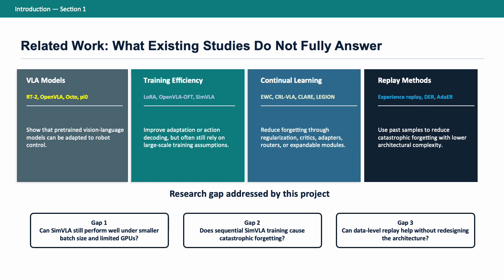However, 3 important questions are still open. First, can SimVLA still work well on limited hardware? Second, does training tasks one by one cause forgetting? Third, can a simple replay strategy help without redesigning the model? These 3 gaps are what motivated our study.